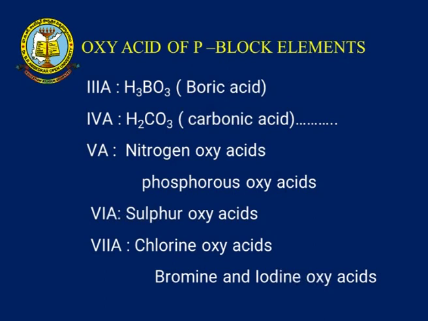You come to the nitrogen family. The nitrogen oxides are 5 types. Out of the 5, the last 3 oxides are acidic oxides, right? So, N2O3, N2O4, N2O5. These oxides, when dissolved in water, produce mainly 2 types of acids. One is HNO2 and the second one is HNO3, right?